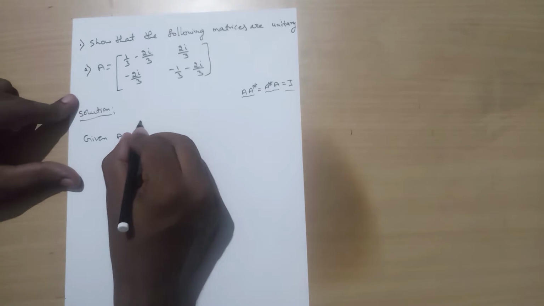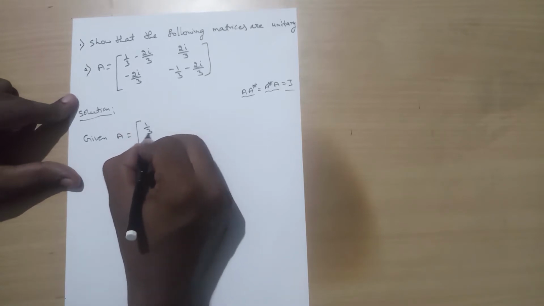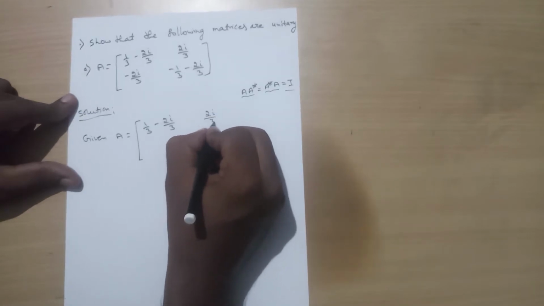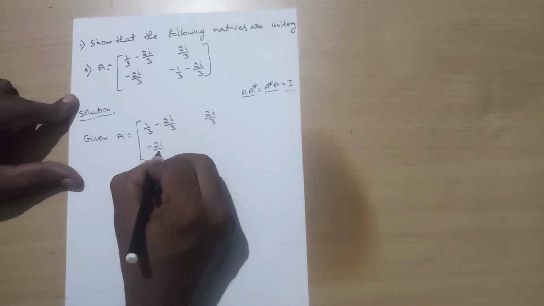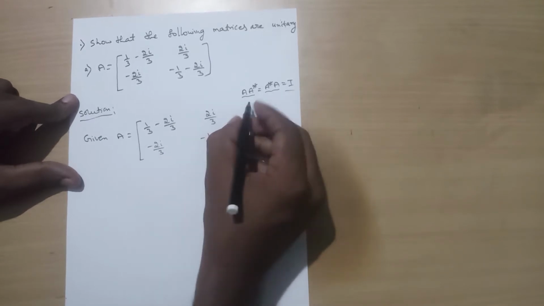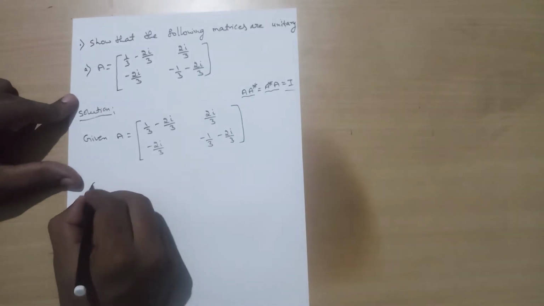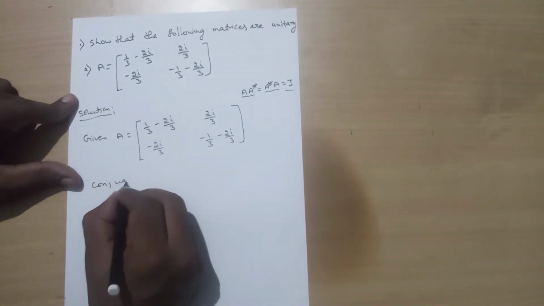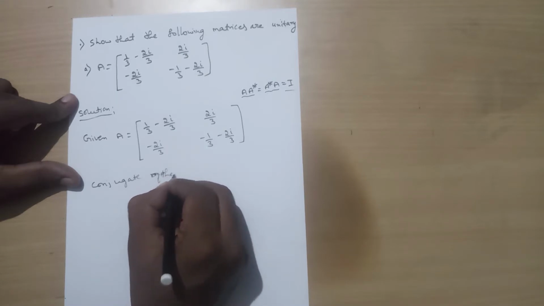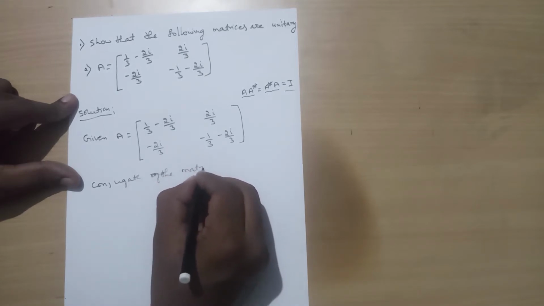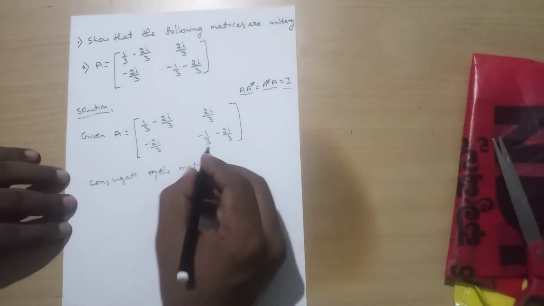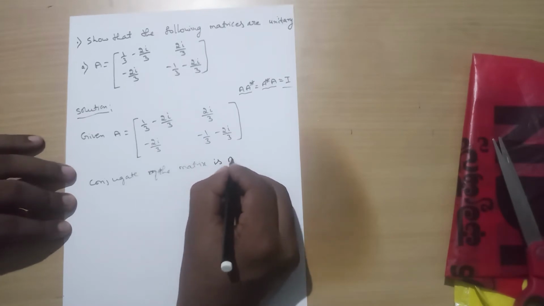So A equals what they here 1 by 3 minus 2i by 3, 2i by 3 minus 2i by 3, minus 1 by 3 minus 2i by 3. So here you have to write conjugate of the matrix is A bar.